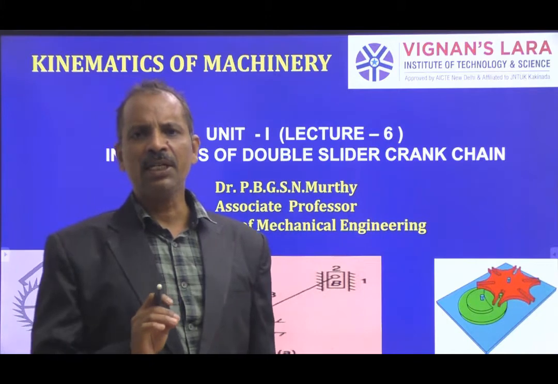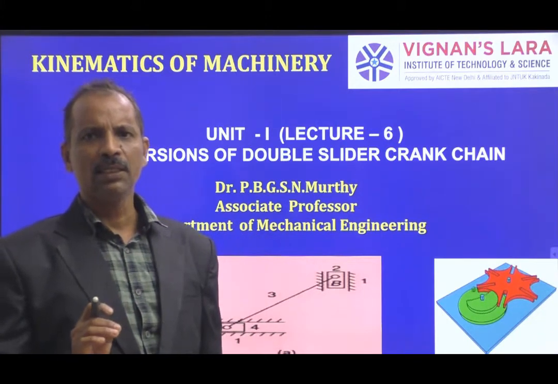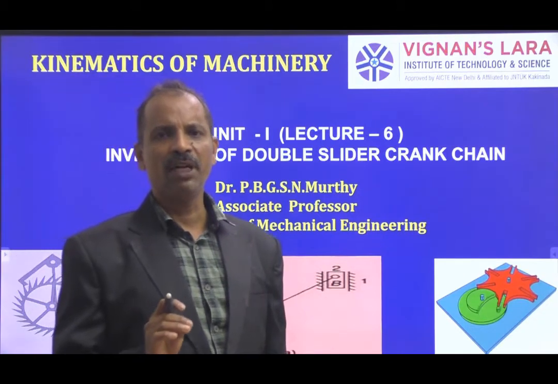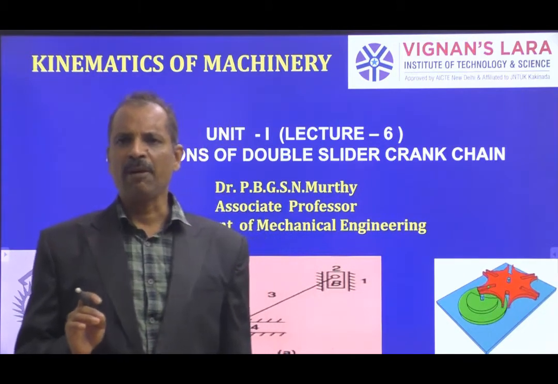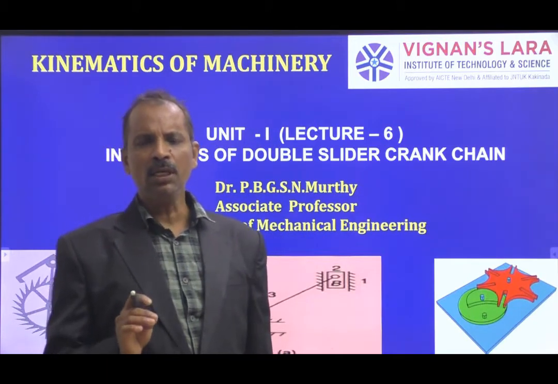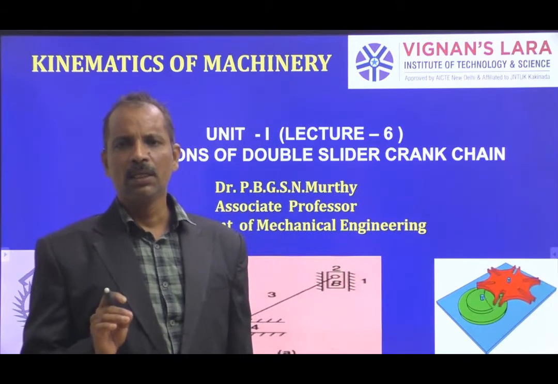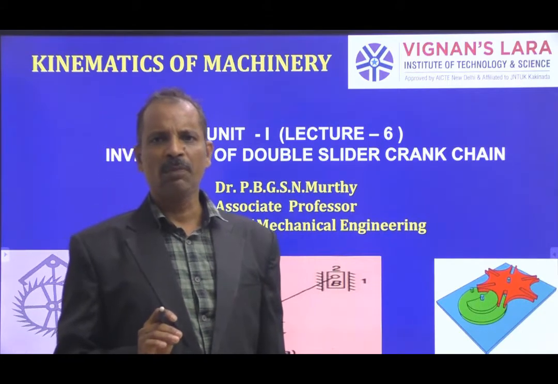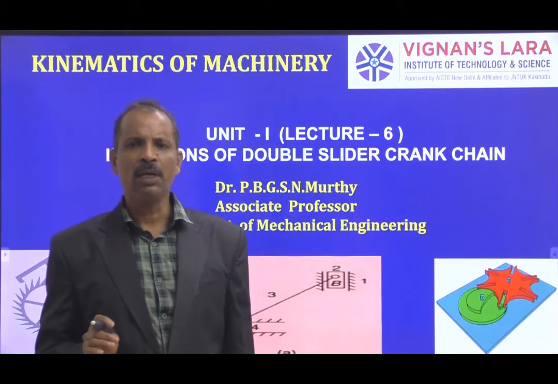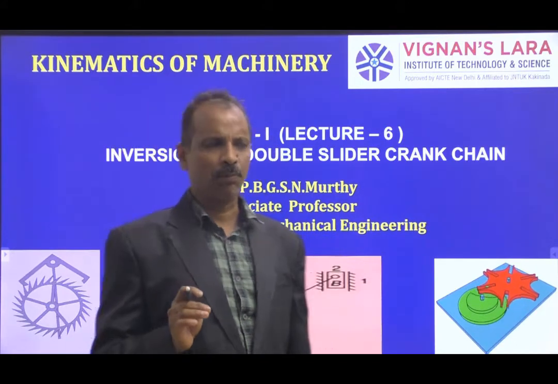With fixation of different links, like 1, 2, 3, 4, we got different mechanisms: IC engine, first inversion, second is Whitworth quick return motion mechanism, third one slotted lever mechanism, and the fourth one is hand pump.